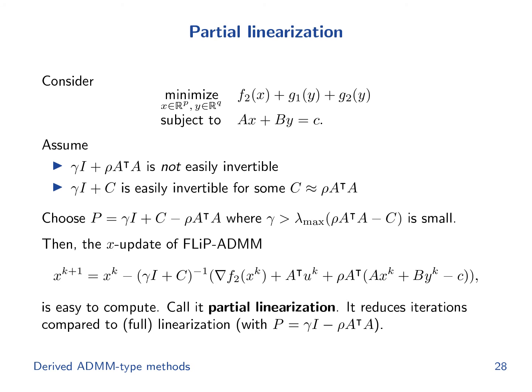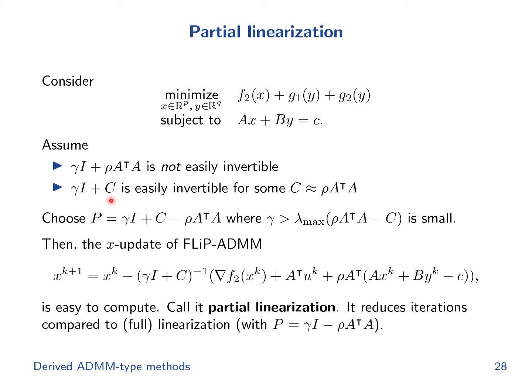Next, let's introduce a technique that we call partial linearization. Consider this formulation where we have dropped f1 simply because we want to give a more concise presentation. Assume rho A transpose A, or gamma times identity plus rho A transpose A, is difficult to invert.